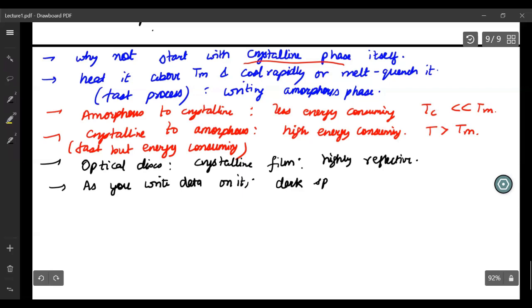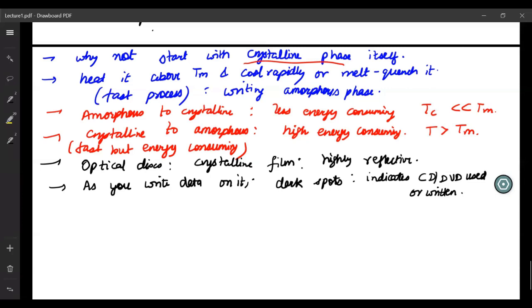So it leads to those dark spots, which are not as reflective. And then that indicates that CD or DVD has been used or written. So if you look at any written CD or DVD, you will find that there are several circular tracks or lines, and also there would be few scratch-like things. I mean, it would appear like a scratch, but it's actually data which is written there. So that is how you distinguish between a new CD and an already written CD.